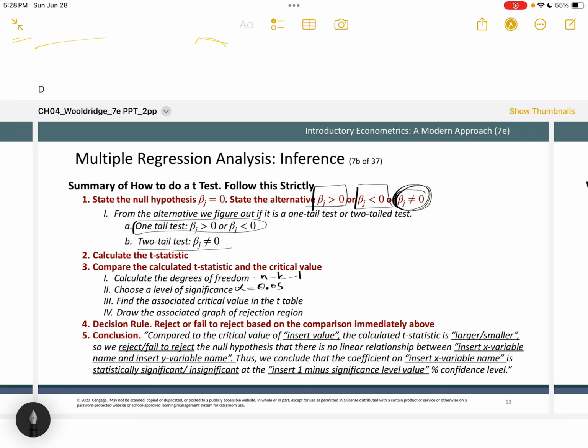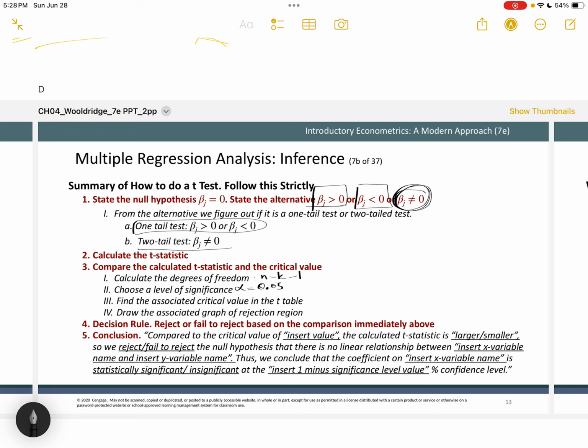So from the top, to do a t-test, you state the null hypothesis, you state the alternative hypothesis, and then you calculate the t-test. I just showed you how to. You take your estimated coefficient, you subtract the hypothesized value, and divide that by the standard error, because we want to put this into some meaningful metric that we understand.